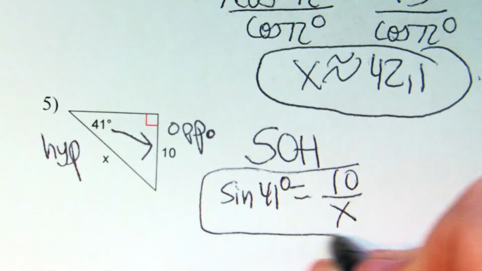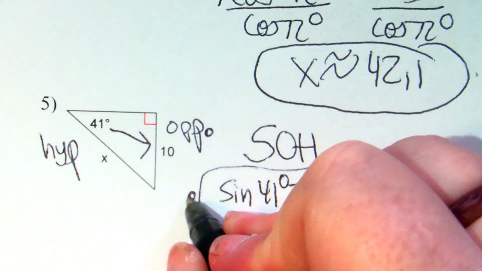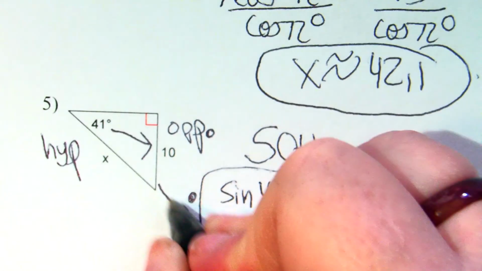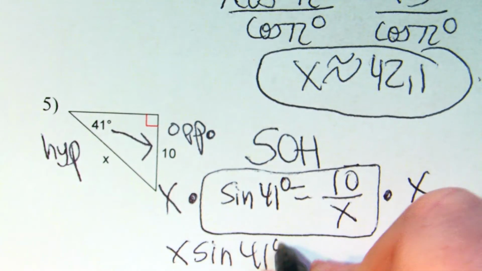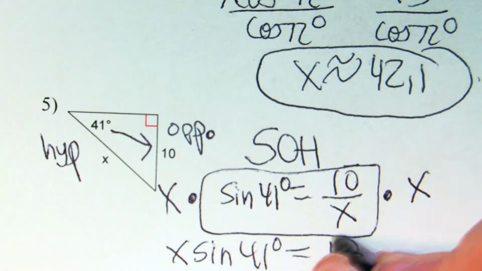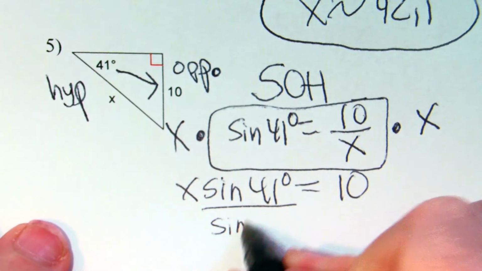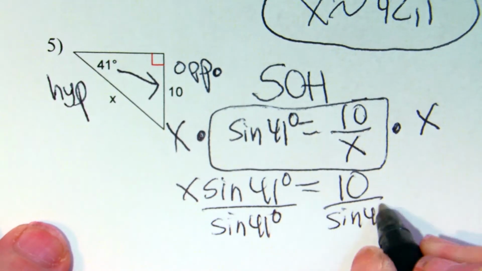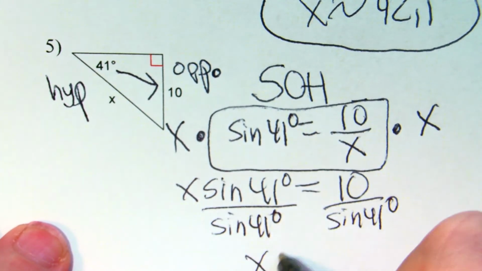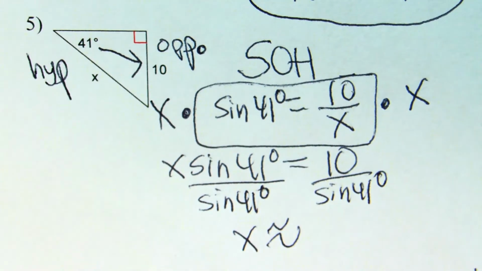Put a box around it. What's in the denominator that we have to multiply both sides by? X. The x's cancel, and then we divide by sine 41 degrees. So x is approximately 10 divided by sine 41 degrees.